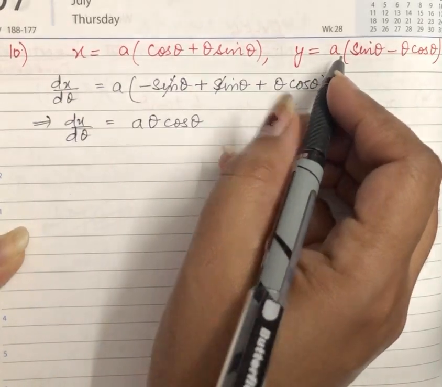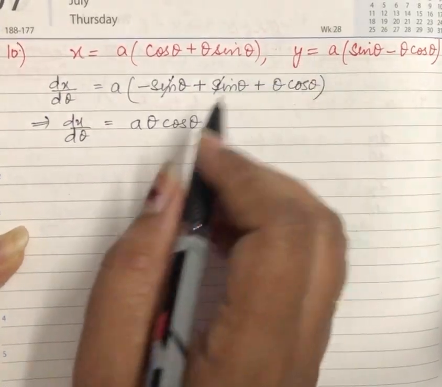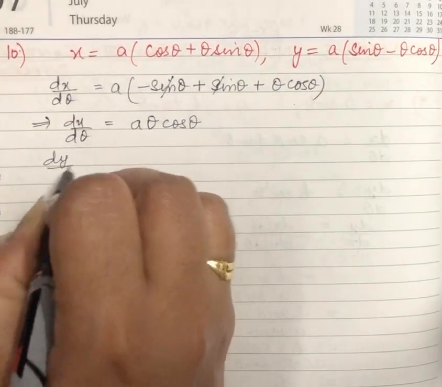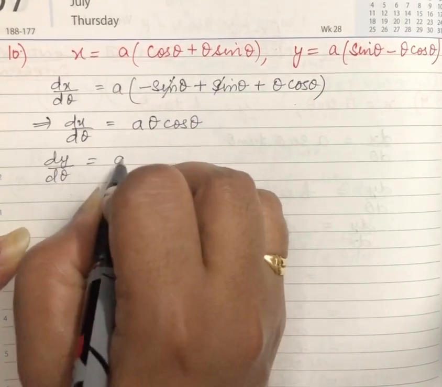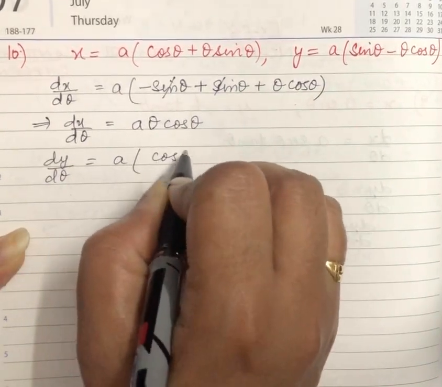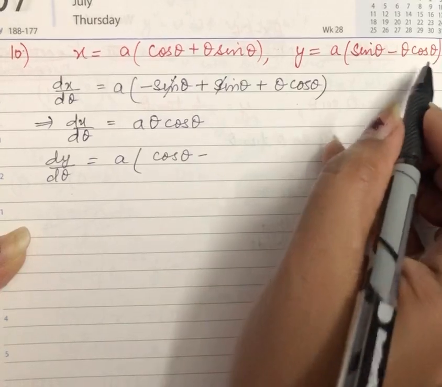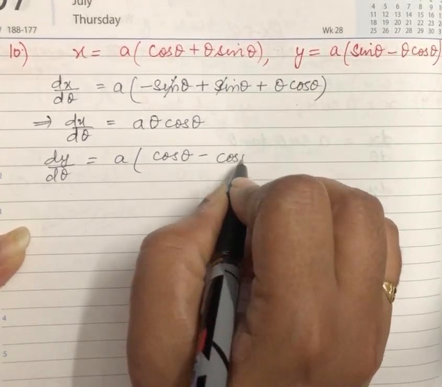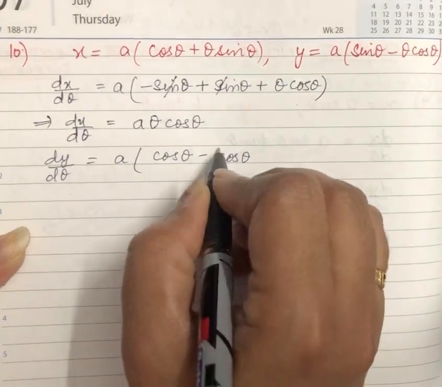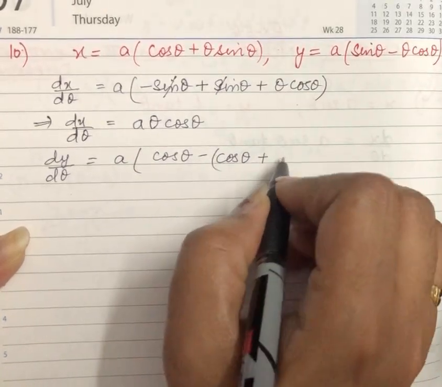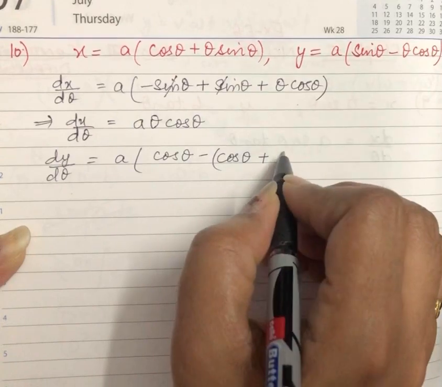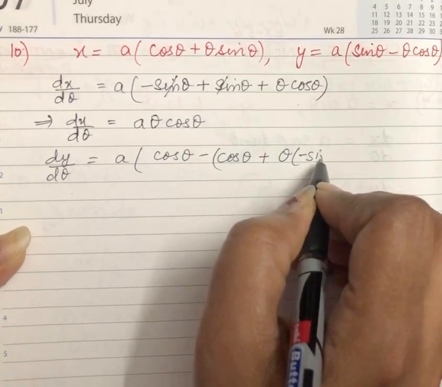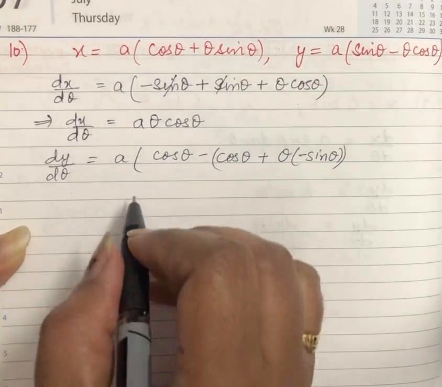Now again y is given as a bracket sin theta minus theta cos theta. So dy by d theta will be a bracket cos theta minus, now again applying the product rule, differentiation of theta is 1 and keeping cos theta constant, then plus theta as it is and differentiation of cos theta is minus sin theta.